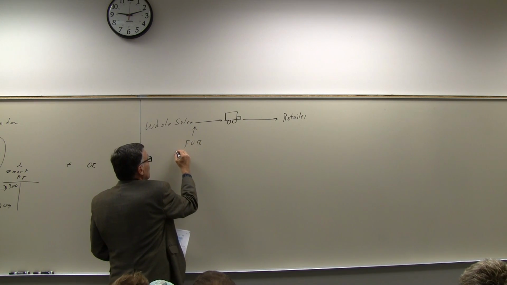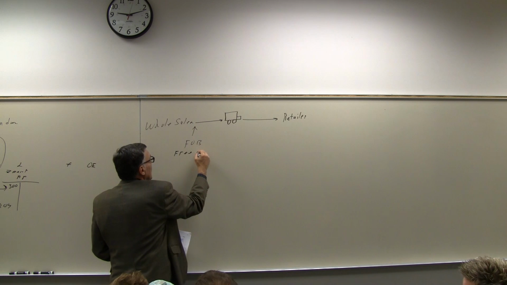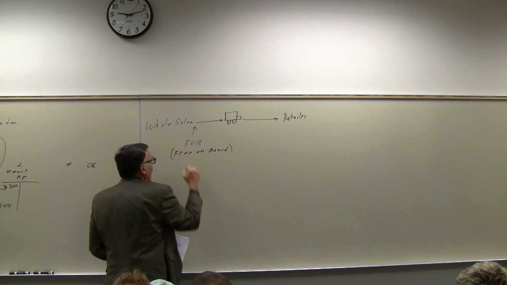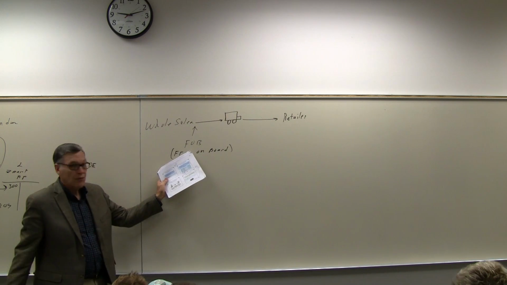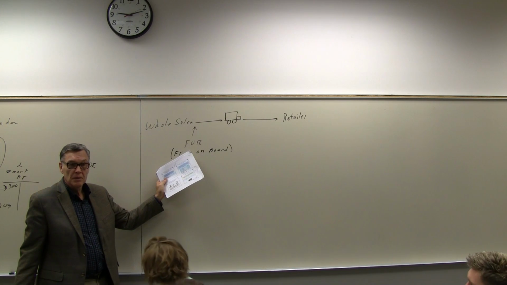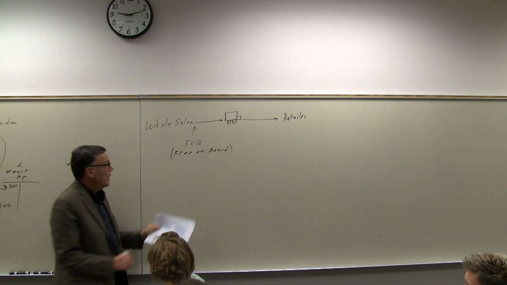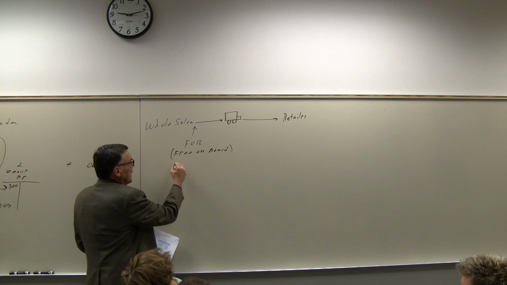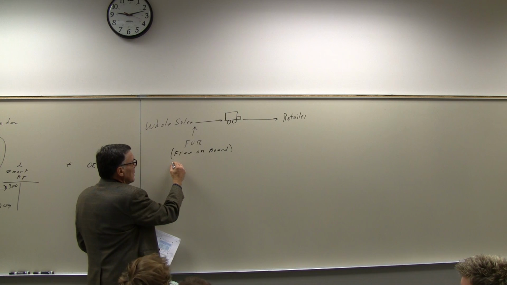FOB stands for free on board. It seems to me if it said freight on board, it would make more sense, but it's free on board. And what it does is it describes where the title changes hands.